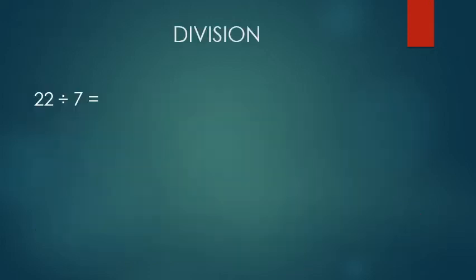Let's understand the different components of division. For that, we will take the example 22 divided by 7. This is the symbol. Inside the symbol, we will always write the larger number, 22, and outside we will write the smaller number, 7. 22, the larger number, is the dividend. 7, the smaller number, is the divisor.